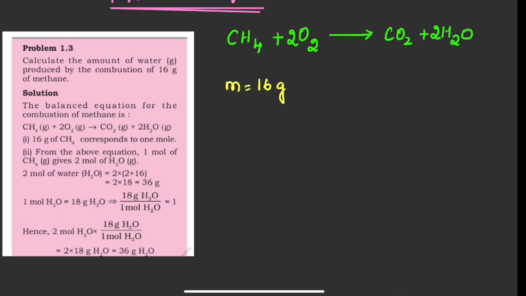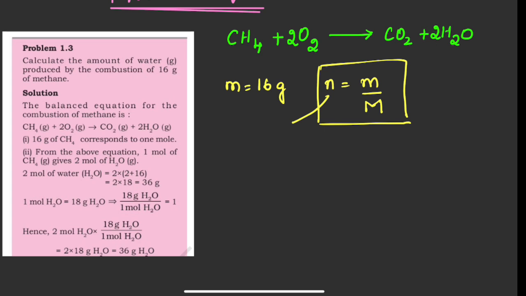For that we have a formula. Number of moles is equal to mass by molar mass. So this is the formula for the conversion. So now find the number of moles. N is nothing but number of moles. So N is equal to mass, given as 16, divided by molar mass of methane.